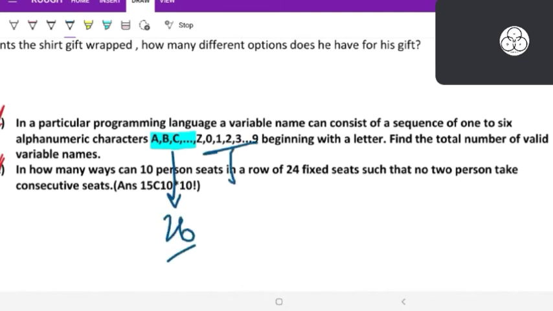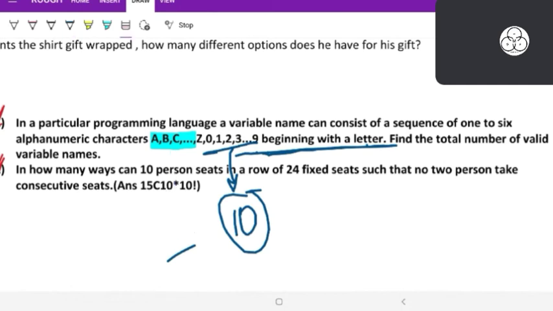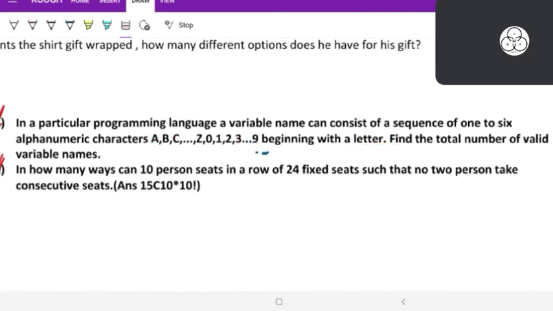And how many numbers are there? 10 numbers are there. Beginning with a letter. Find the total number of valid variable names.